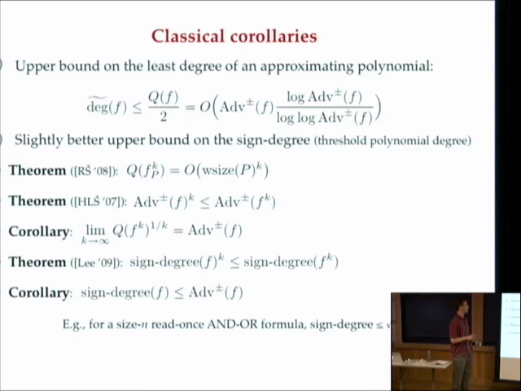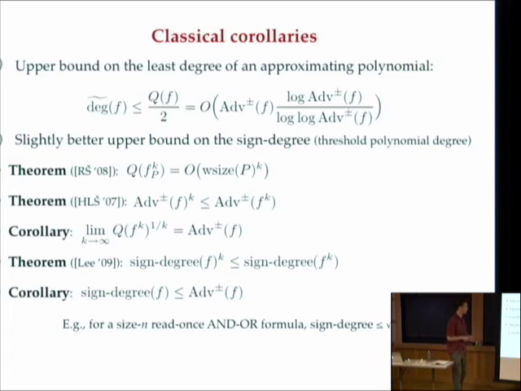So we know that the query complexity of the depth k function is at most the witness size to the k. It's also known that the adversary bound is supermultiplicative under composition. Combining these two theorems, you get the corollary that the query complexity of f to the k, to the 1 over kth power, is exactly the adversary bound without any log factors.